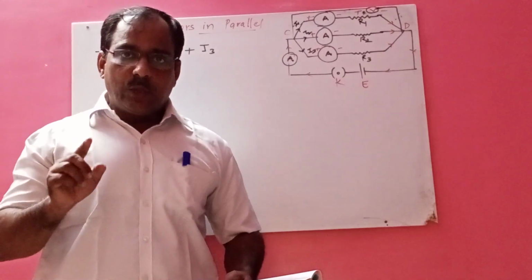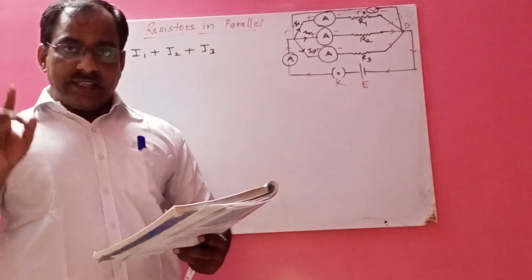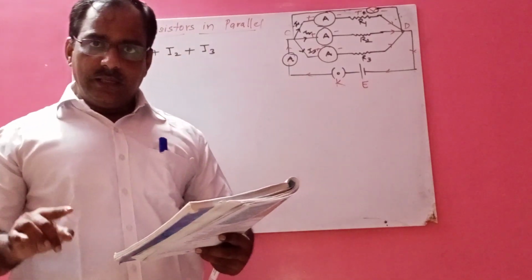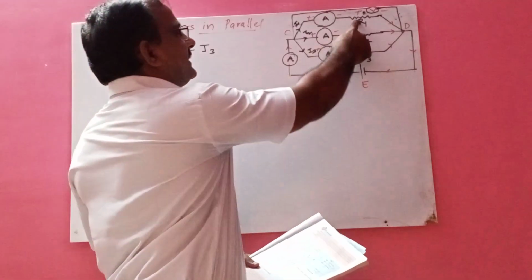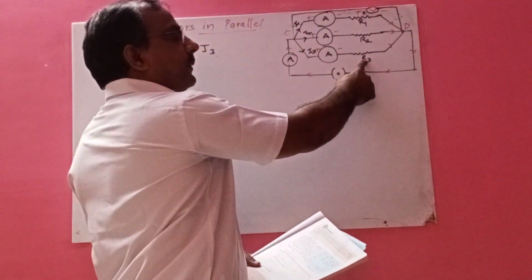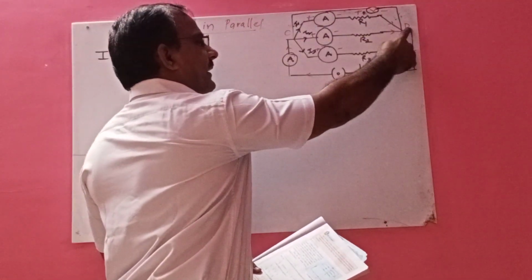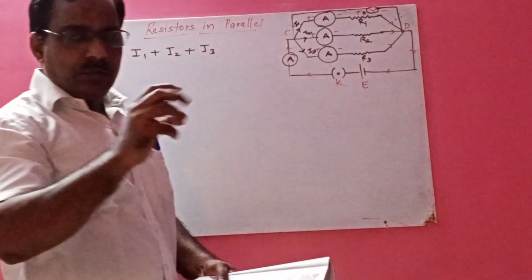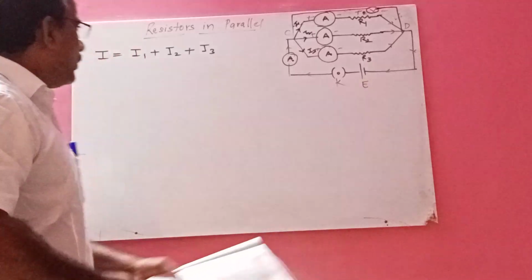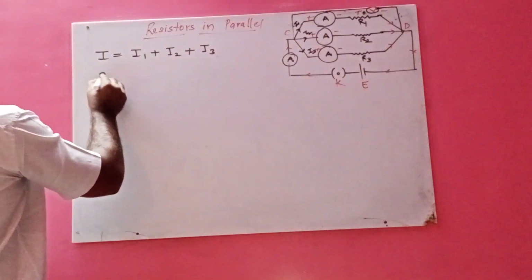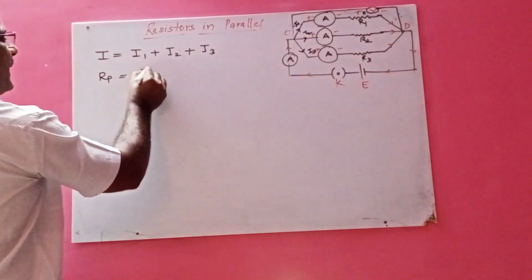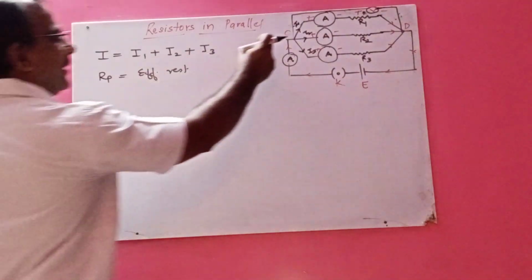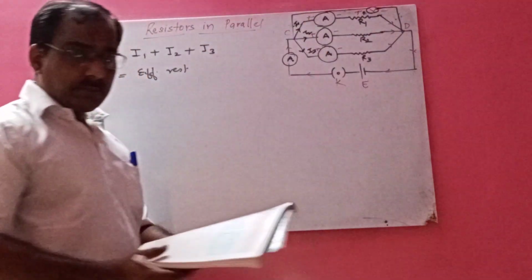Here P indicates what? Parallel. The resistors are connected in parallel between the terminals C and D, and the total effective resistance we will write as RP. So RP is the effective resistance between the terminals C and D.